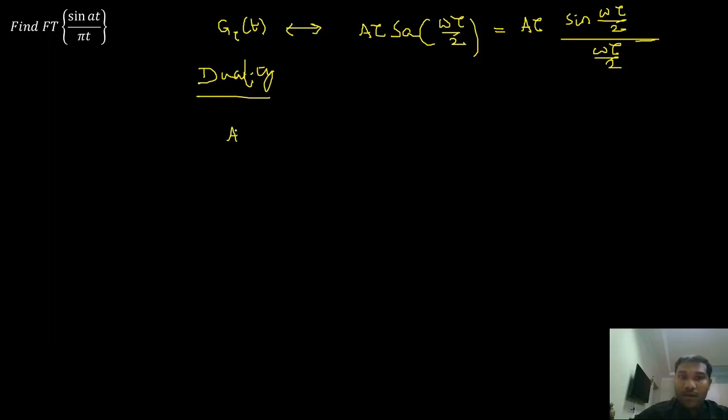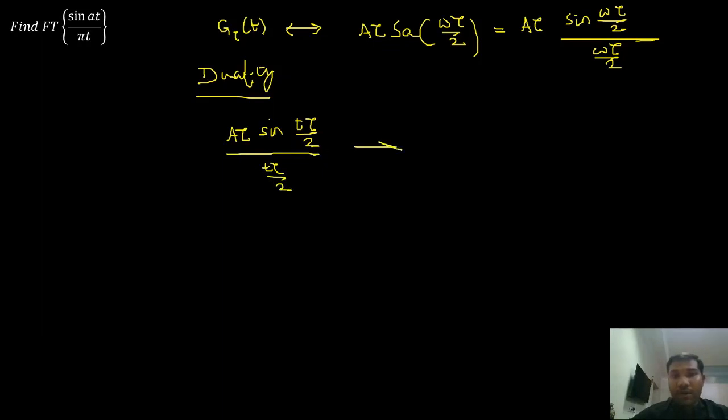A tau sin t tau by 2 divided by t tau by 2.